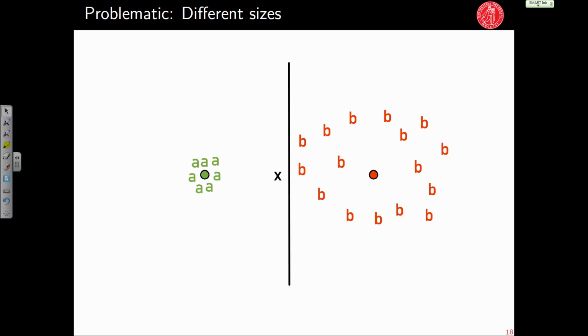So these are just visualizations of the problems that we have mentioned before: that Rocchio assumes a spherical, similar-sized distribution of the data in order to work properly.